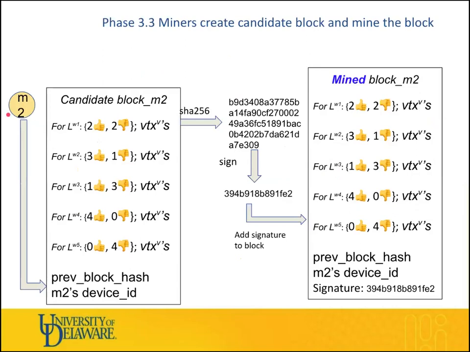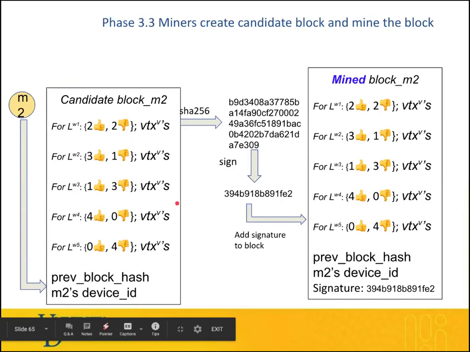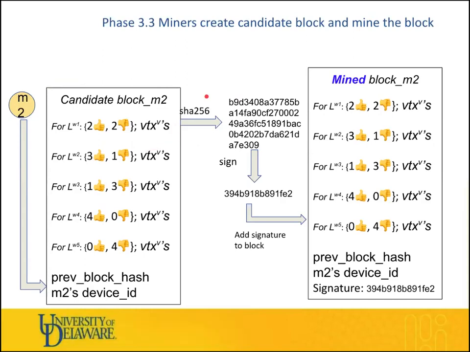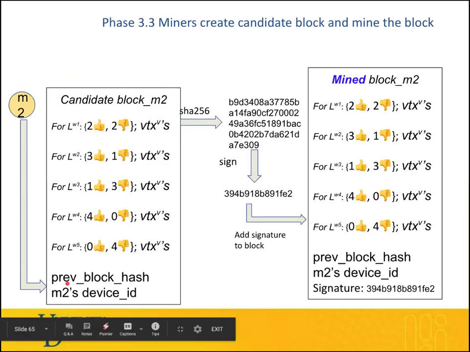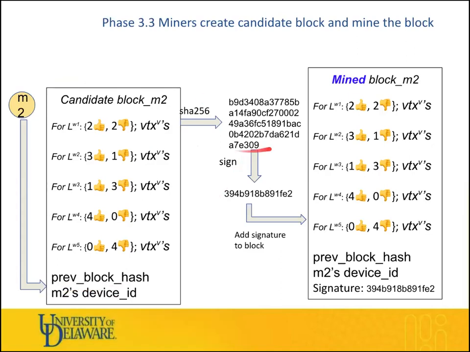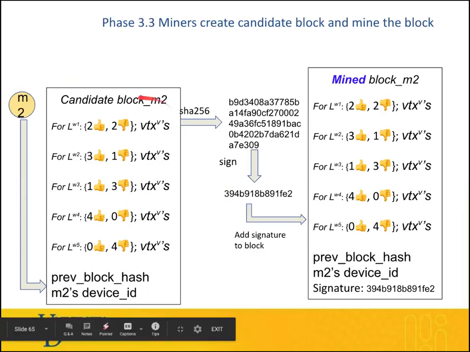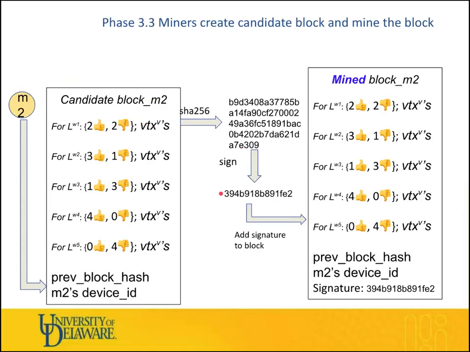Then assume the waiting time for the validator transactions ends at the miner side. Each miner would then begin to mine this block, which is to first hash the content of the previous block and put the hash into its candidate block, and then put their public key inside of the block, and then hash the content of their entire candidate block, and then use the miner's private key to sign the hash.